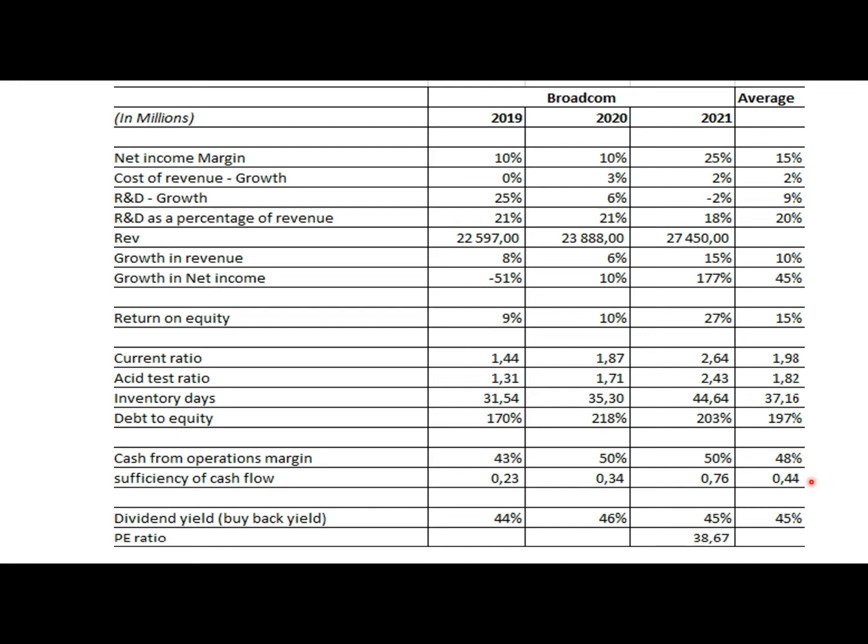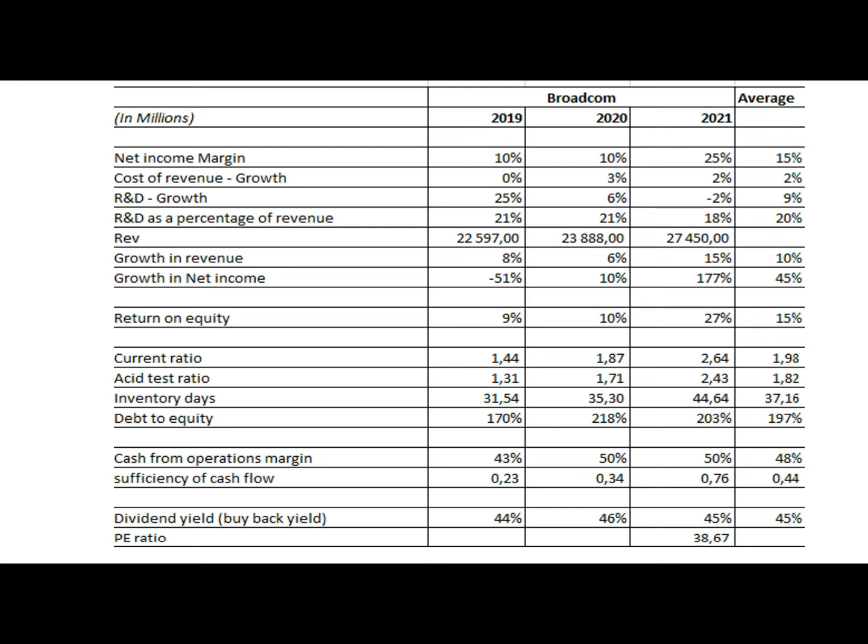Now, you can see that with the increase in debt comes the fact that you're going to underperform the industry in some metrics, especially the cash flow metrics. However, let's move on. Like I said, with my risk appetite, I cannot stomach such high debt levels.